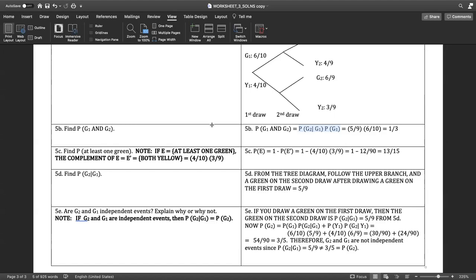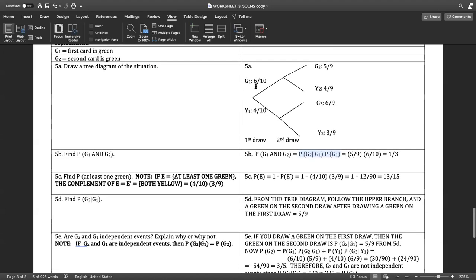So at least 1 green means that you have a green on the first and a green on the second, a yellow on the first and a green on the second, or both green. And notice that at least 1 green has a complement that they're both yellow.